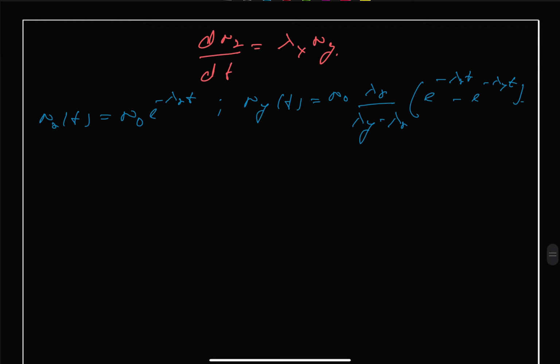So we can write n of z at t will be equal to n naught minus nx t minus ny t. Okay, so these are the equations for the populations of x, y and z with respect to time t.